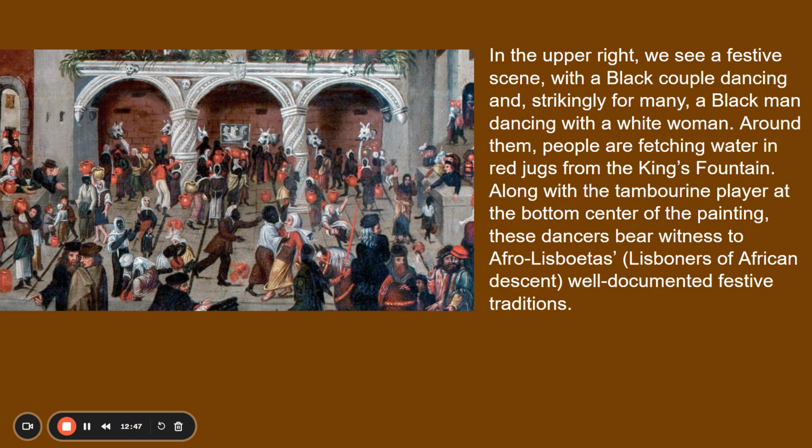What we know about that is a common custom in Africa. So these are probably African women. Why aren't the white women carrying jugs, right? Why aren't the white men carrying jugs? So that helps us understand some roles that are happening here.